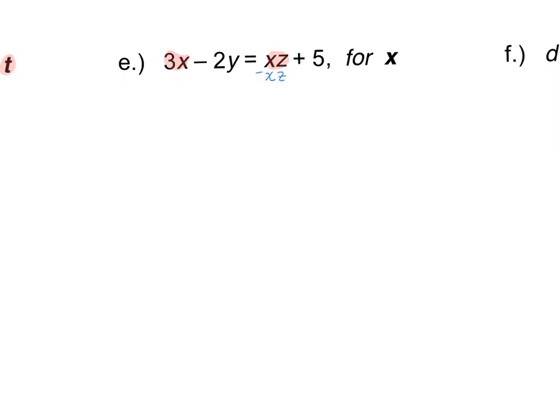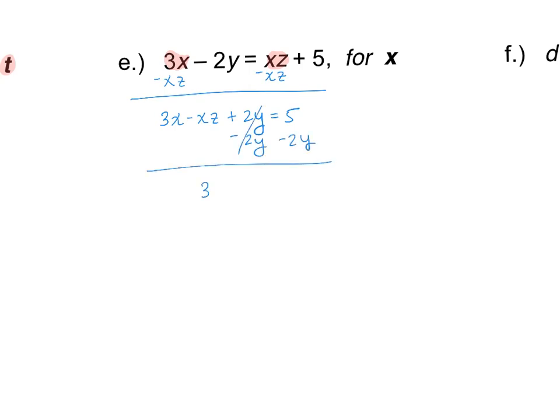So we do the opposite to move that over. So we have 3x minus xz plus 2y is equal to 5. Then I need to move the 2y out of the way because it doesn't have an x. So let's get that out of there. So I subtract 2y from both sides. 3x minus xz is equal to 5 minus 2y.